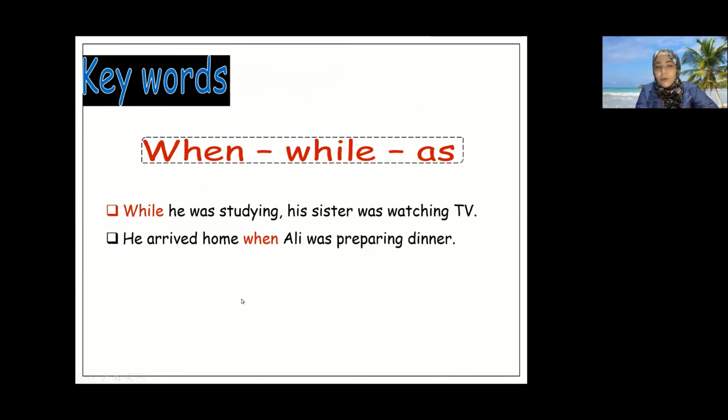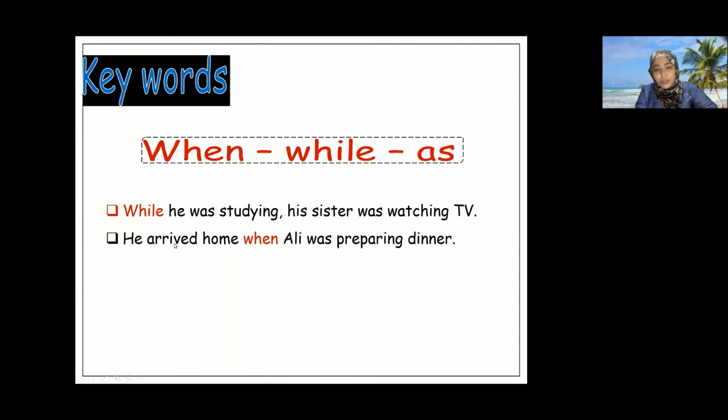What are the key words for the past continuous? When, while, as. For example, while he was studying, his sister was watching TV. He arrived home when Ali was preparing dinner.